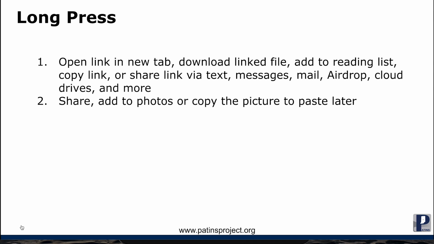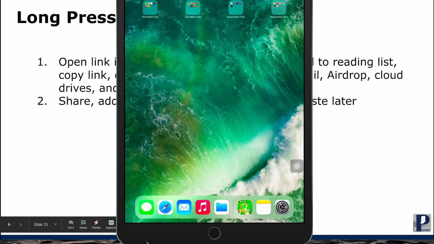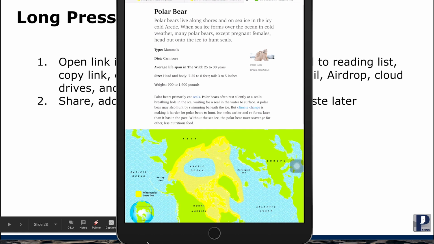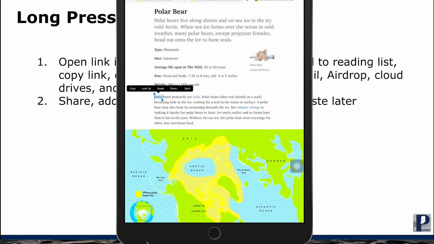The long press, again, is just hovering over a word, tapping on that word for a few seconds. Let me just show that real quickly again. It's hard to describe, so let me go back. A long press is where I'm going to hover over a word for a few seconds, and then I'm going to get a menu of options to copy that word, look it up, speak, share, spell.